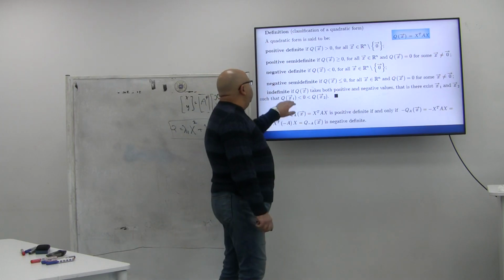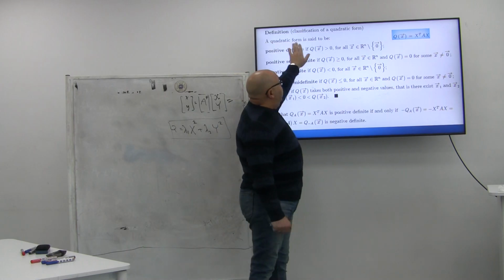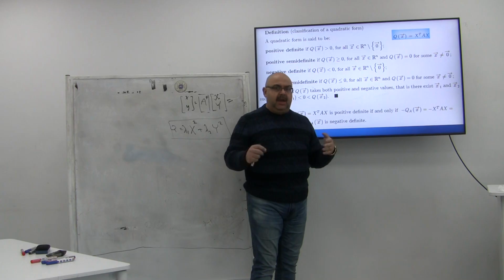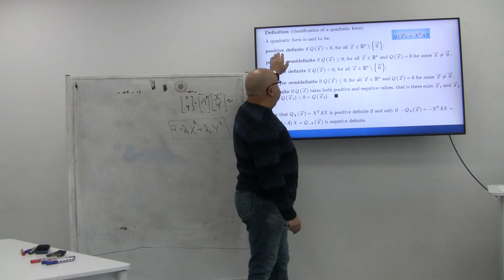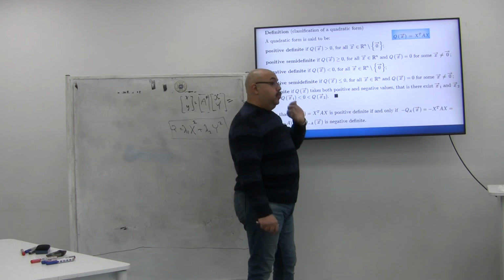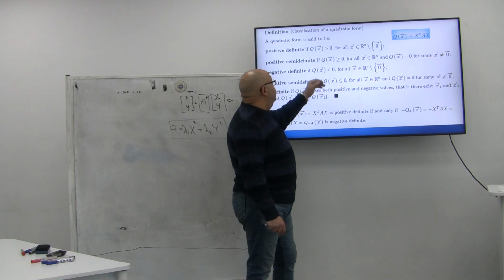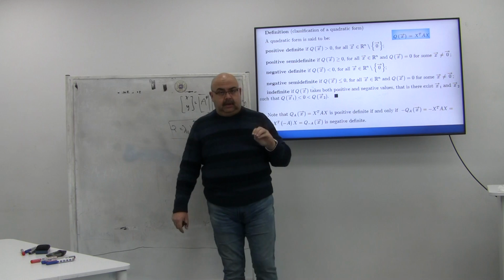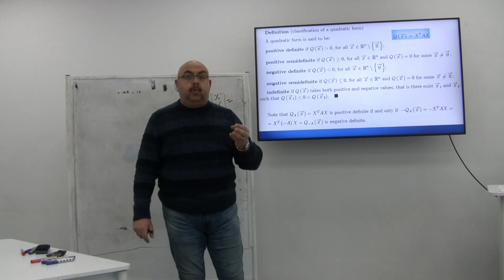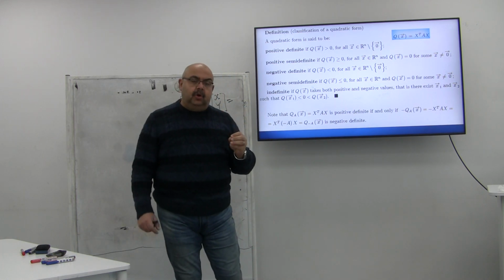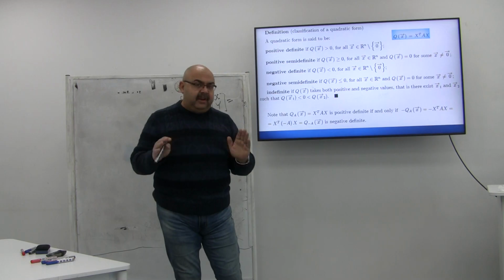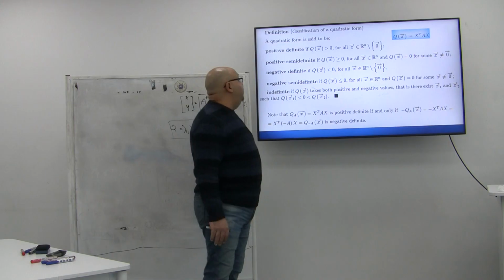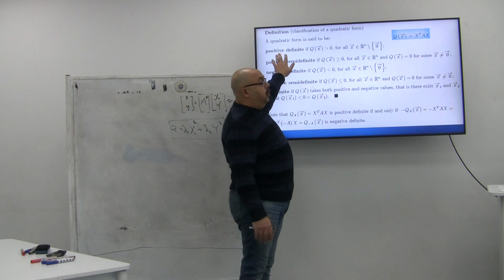We can say that a quadratic form, which is the part with x squared, xy, and y squared, is positive definite if for all values of x, the value of Q of x is greater than 0. So if for all the values of x, or for all the domain, all the results of the quadratic form are greater than 0, then you will have a positive definite quadratic form.